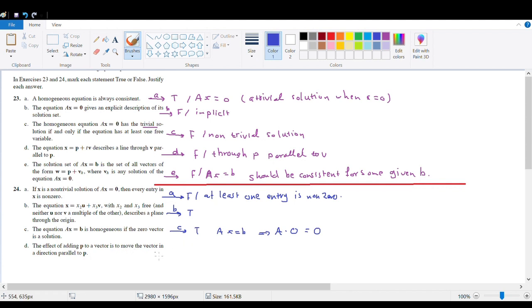Here yes, because according to the paragraph in the parametric form, we said that if we add, for example, p plus tv, we translate the vector p in the direction parallel to the vector tv. Similarly here, if we add p to a vector, that means we move the vector in a direction parallel to p. So this one D should be true.